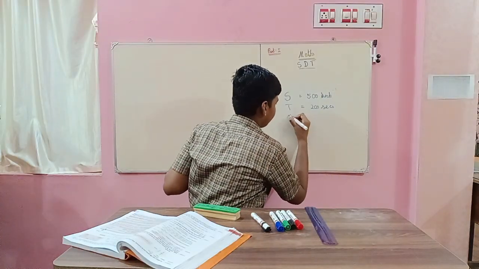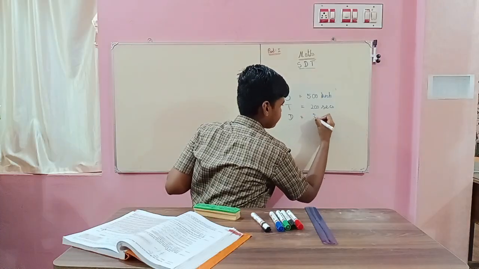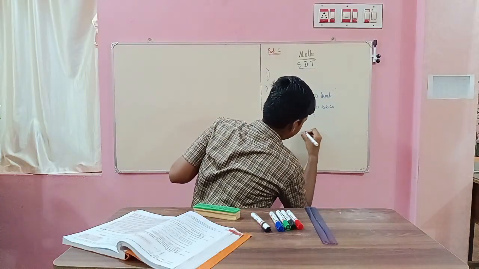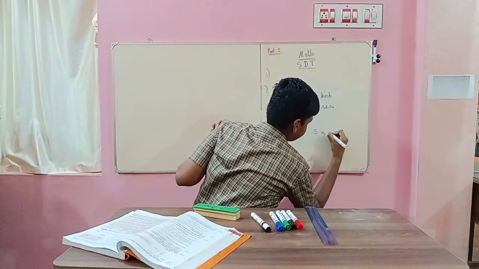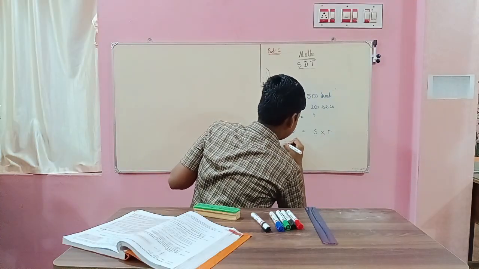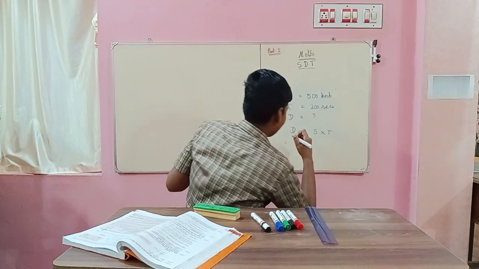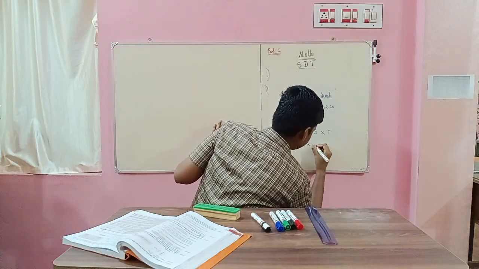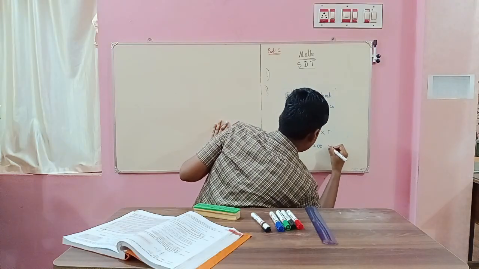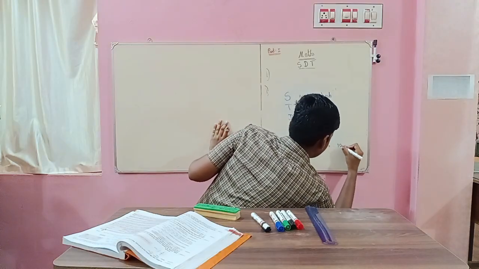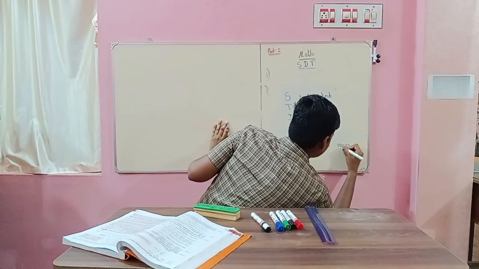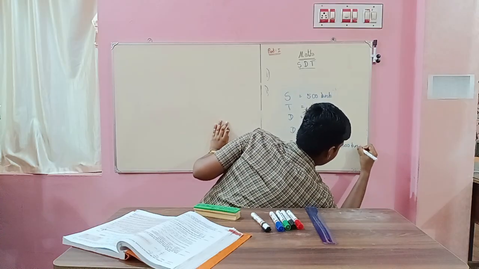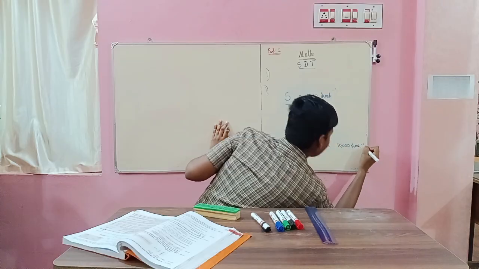So now, find distance. Keep the formula in your mind. D is equal to S into T. It is equal to, beware of what I'm doing, okay? Find the mistake. 500 into 200, which is equal to km h minus 1.